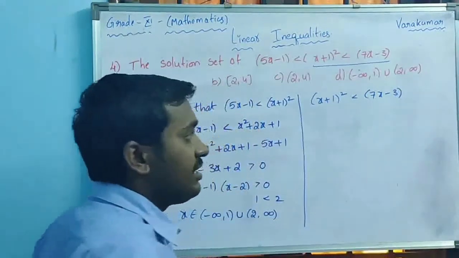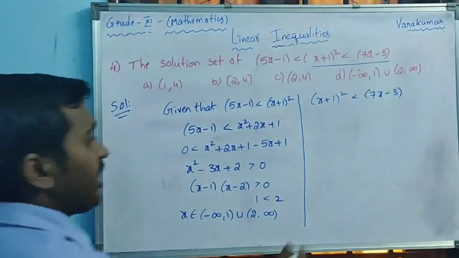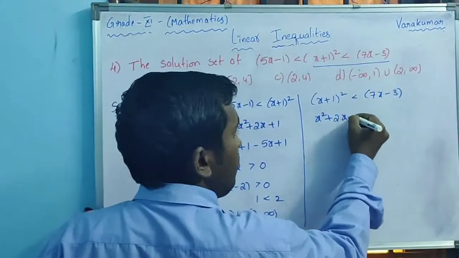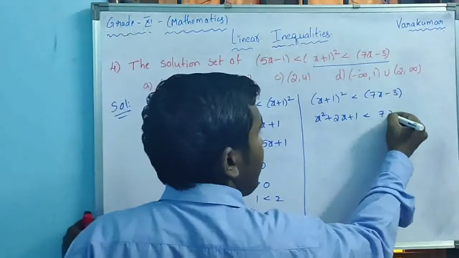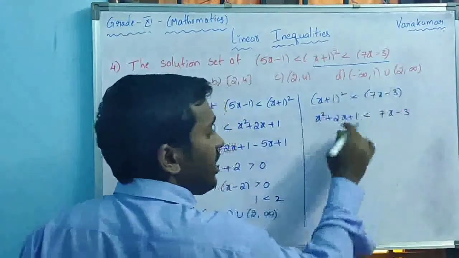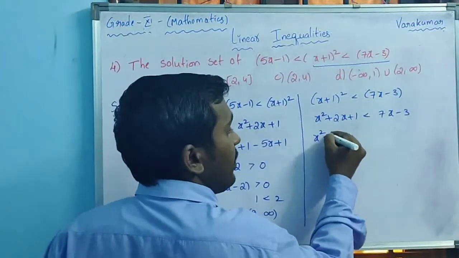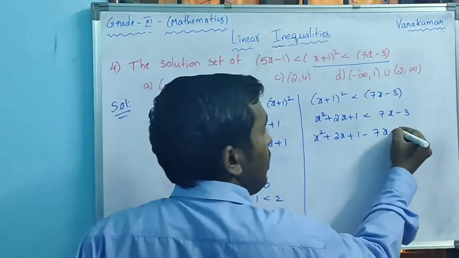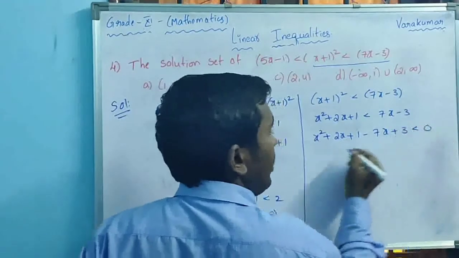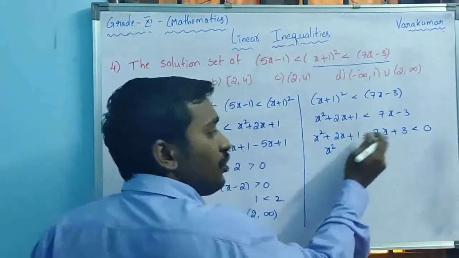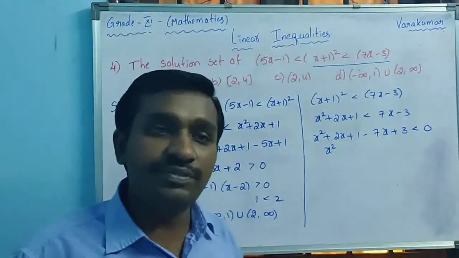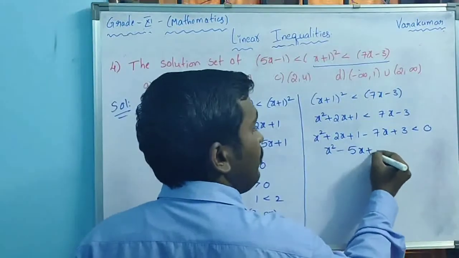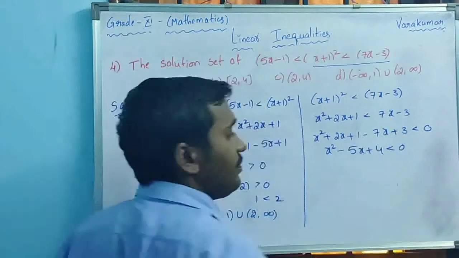Expand it: x square plus 2x plus 1 less than 7x minus 3. Carry these terms here: x square plus 2x plus 1 minus 7x plus 3 less than 0. Now 2x minus 7x is minus 5x, so x square minus 5x plus 4 less than 0.